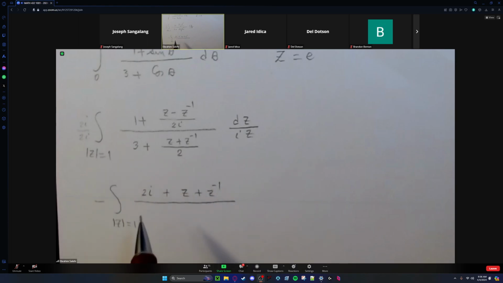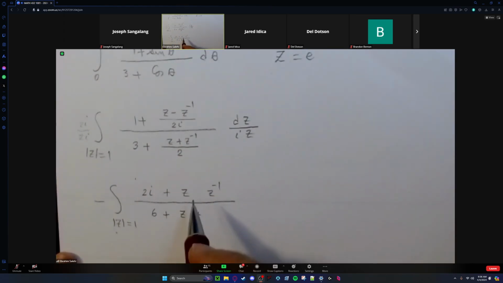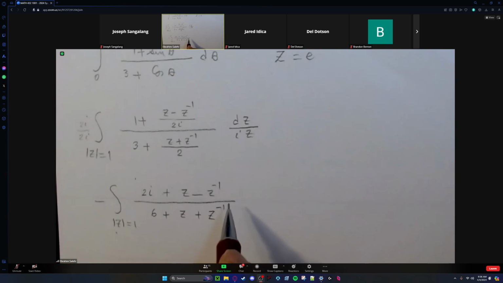So it will be 6z. Oh, that's negative up there. Yeah. And here, so i dz over z.